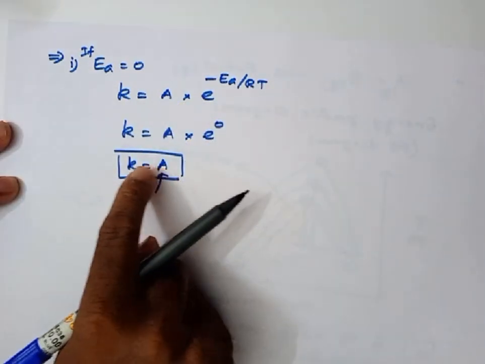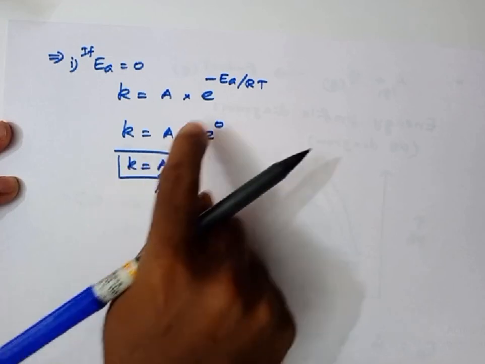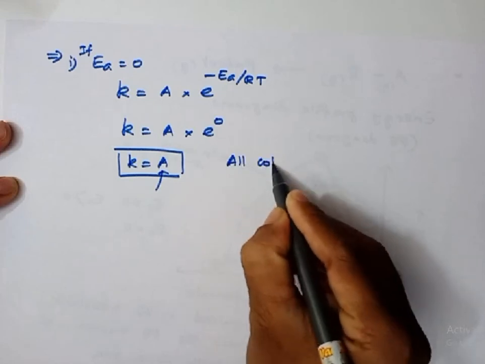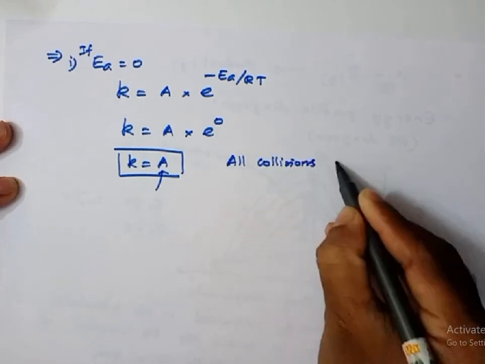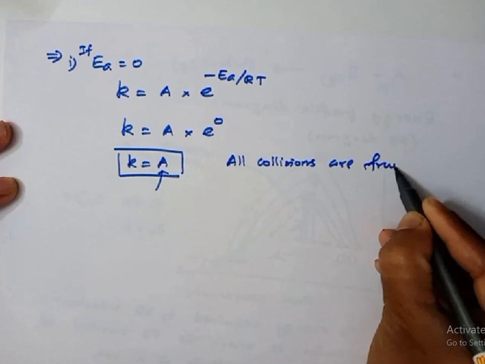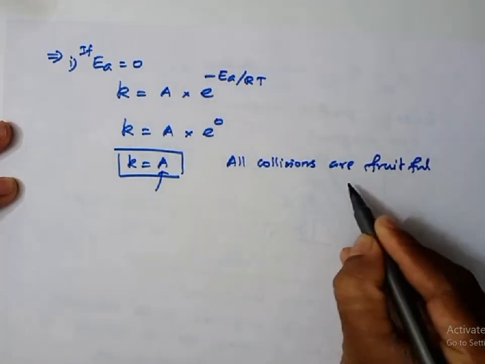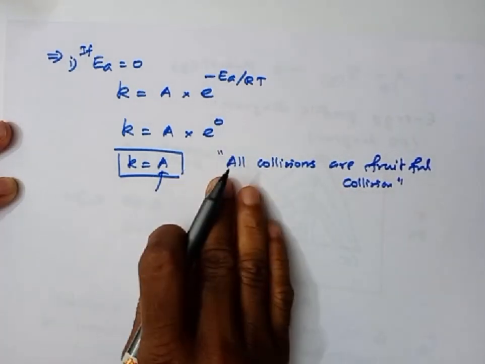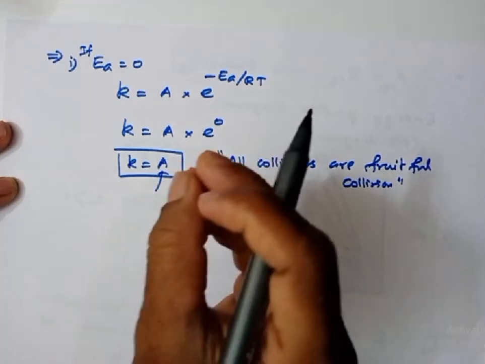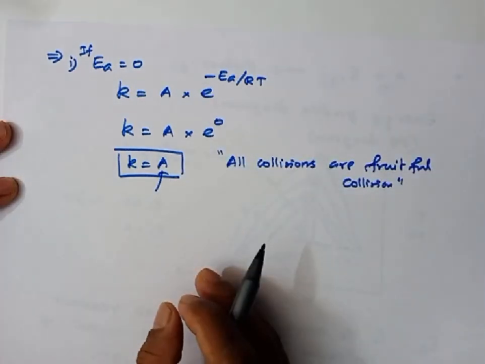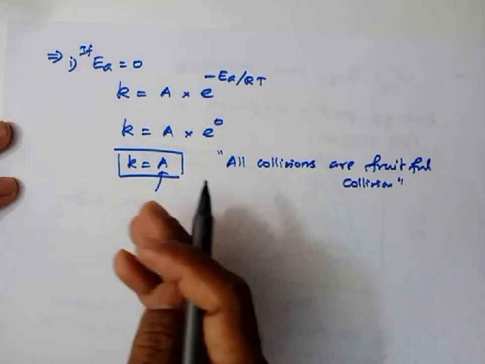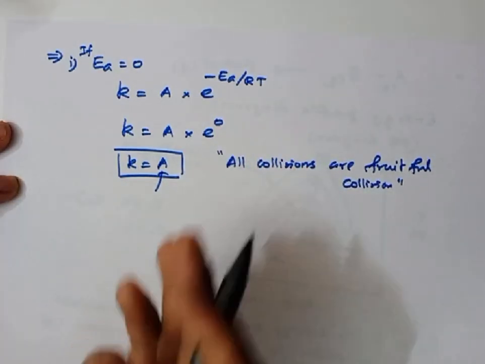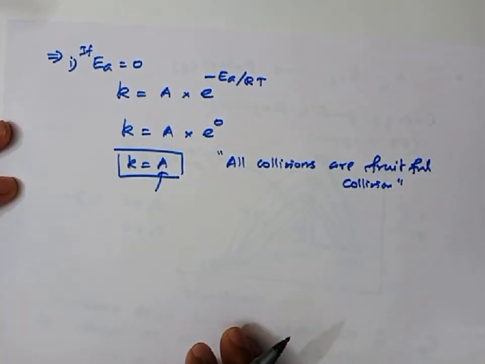All collisions lead to product. If activation energy of a reaction is 0, all collisions are fruitful collisions. Only in this case, if temperature is increased by 10 degrees, the rate also increases 200 to 400 times, because activation energy is 0 for this reaction.